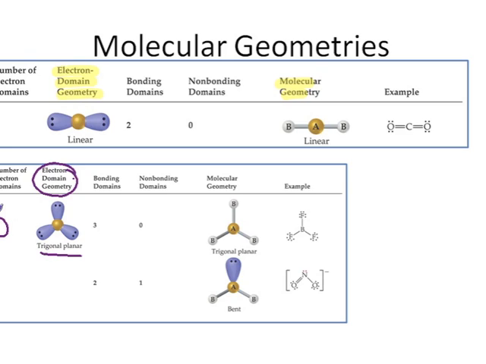So, if it is like this atom right here, this one has 1, 2, 3 bonding domains. So all of them are bonding. So we know that the shape of that is going to be just like this, and we call it trigonal planar. Okay?